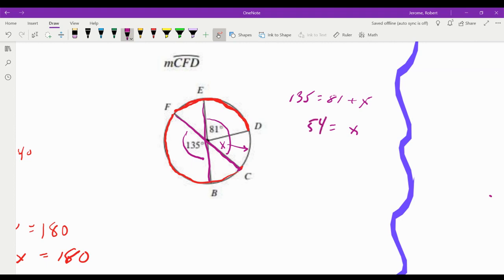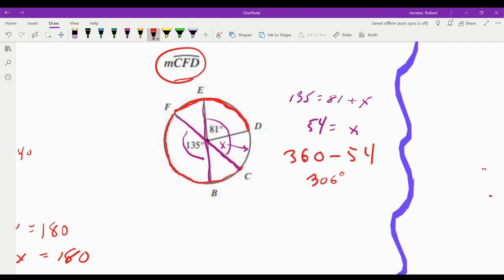And now we wanted the entire circle minus the 54. And 360 minus 54 leaves us 306 degrees for CFD.